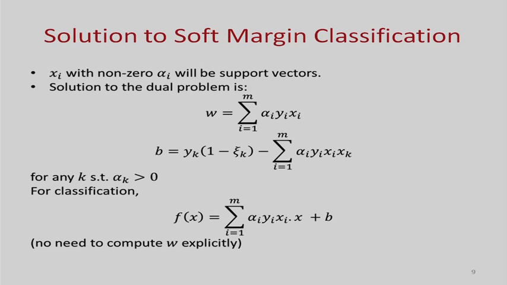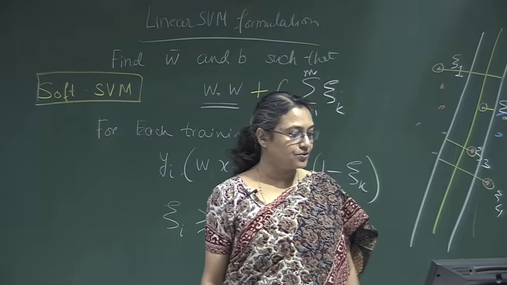For example, those data points which have non-zero corresponding Lagrange multipliers alpha_i, they will be the support vectors. And as you can see, the support vectors will be those points which lie at the margin as well as those points which lie in the incorrect zone.